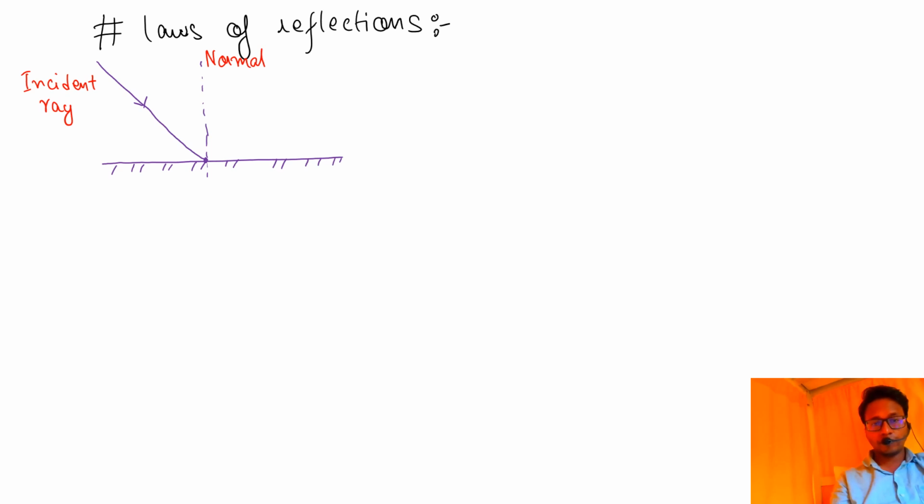And this ray of light gets reflected back, that means bounces off, and the bounced off ray is called the reflected ray.